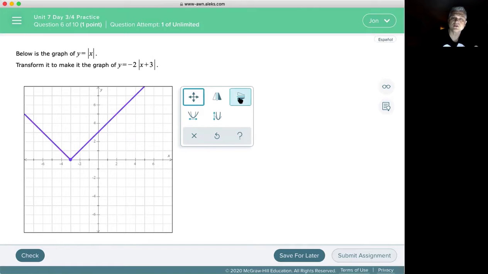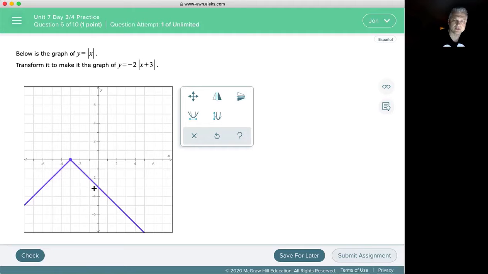So I'm just going to hit this button, boom, and that changes all of the y coordinates, and it reflected it over the x. Now, if the negative had been inside with the x, if it had been -x, I would have done this guy here, right? It didn't, so I'm just going to put it back, right? So this is reflecting over the y-axis. This one reflects over the x-axis.